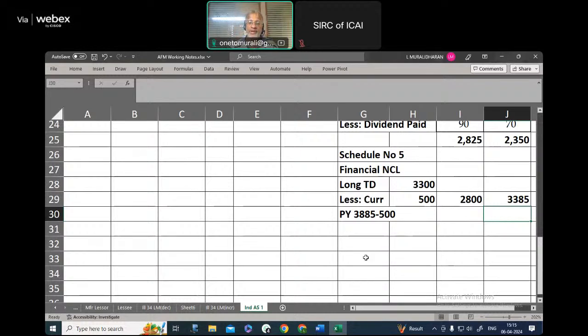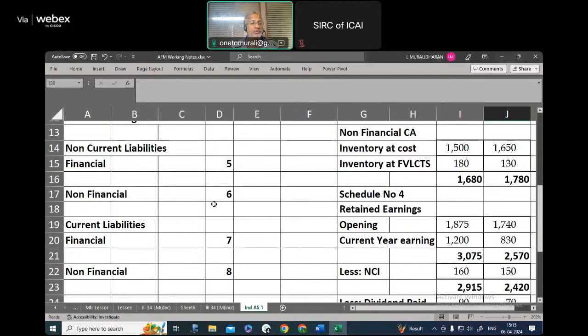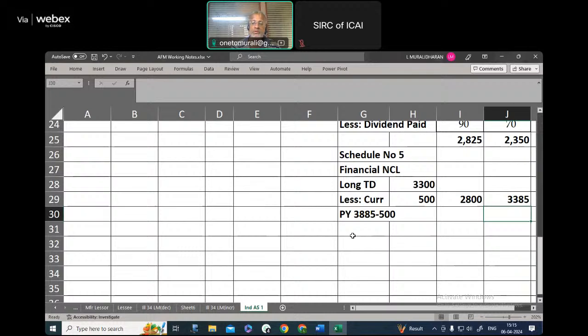So before we forget, let us take up this portion under current liabilities. Under current liabilities, this will come under financial current liabilities only. So schedule number 6, non-financial non-current liabilities.